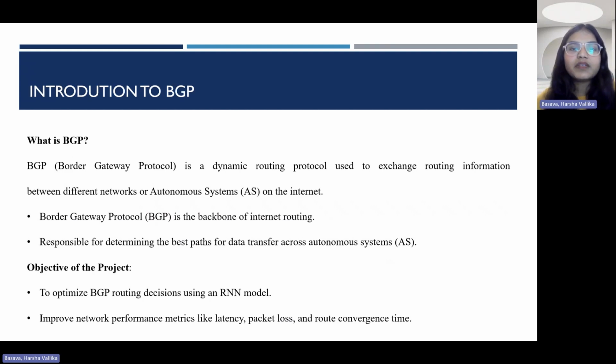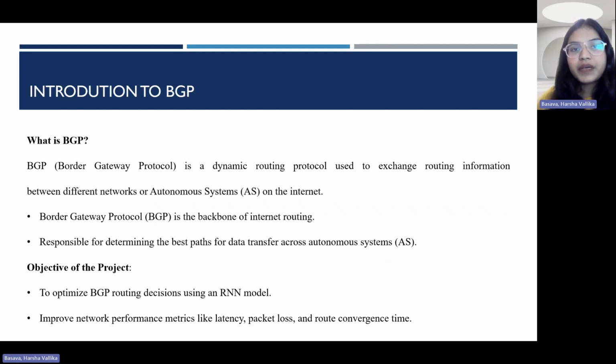So where are these autonomous system numbers coming from? These autonomous system numbers are assigned by IANA, the Internet Assigned Numbers Authority, which assigns these AS numbers to the networks. What are the benefits of having an AS number? It helps in making routing decisions.